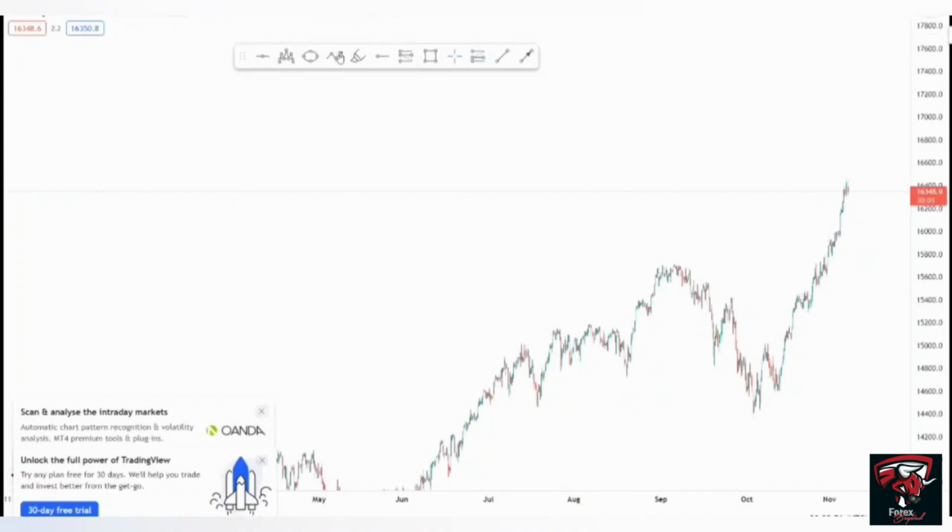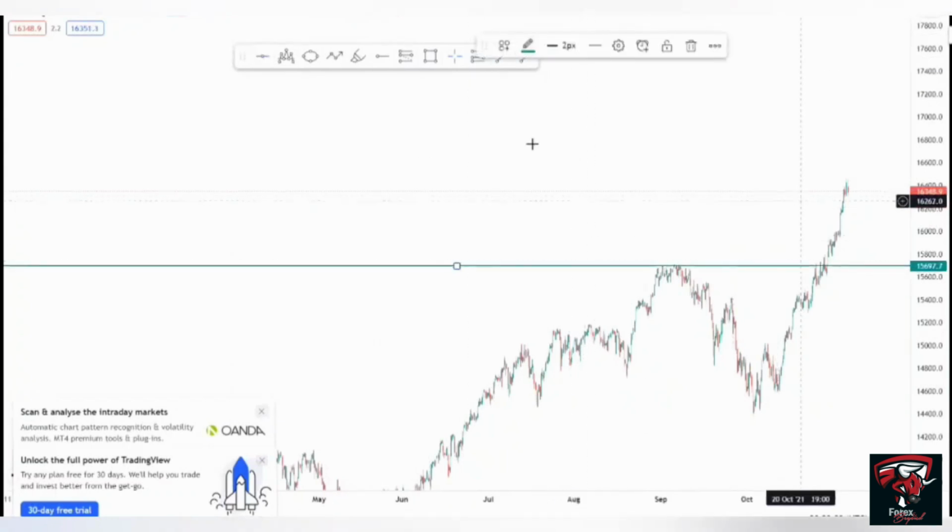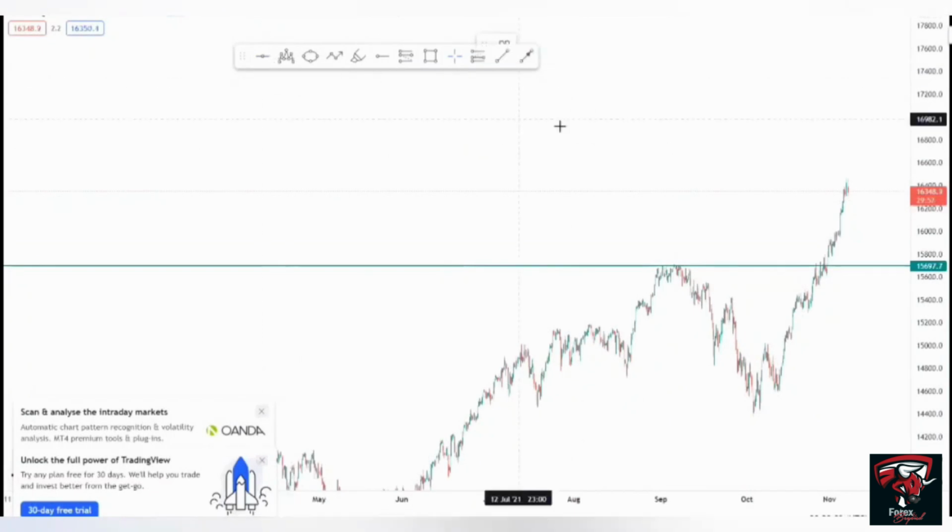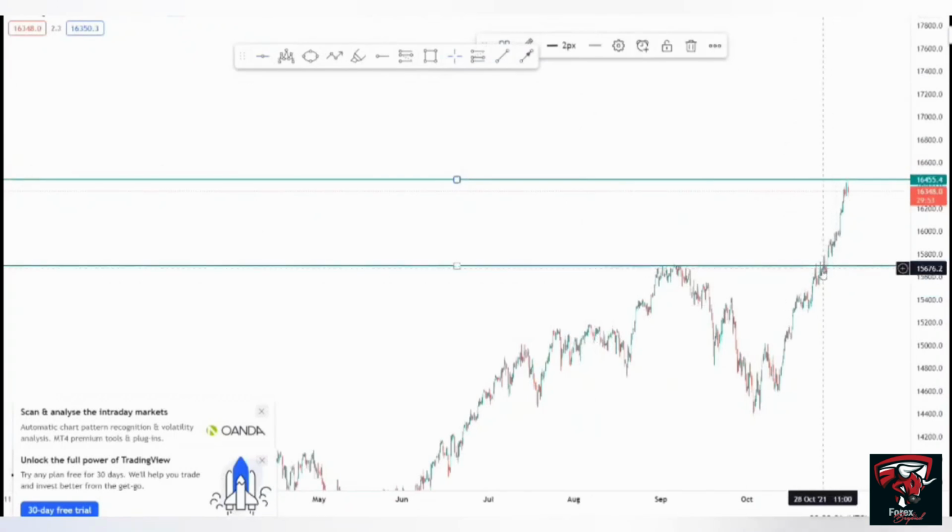So this is the point whereby I know that if I come back, I won't pass here. I'll come back and retest at the end of the day so that we can create our support and resistance.